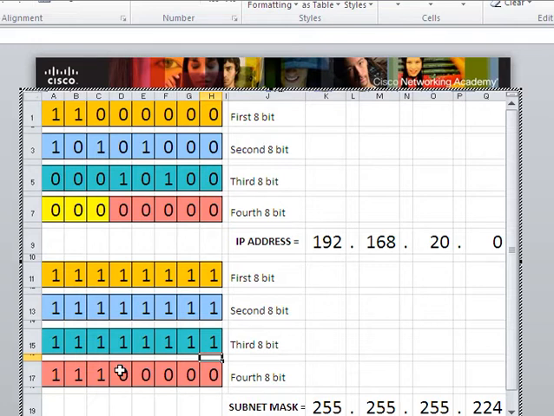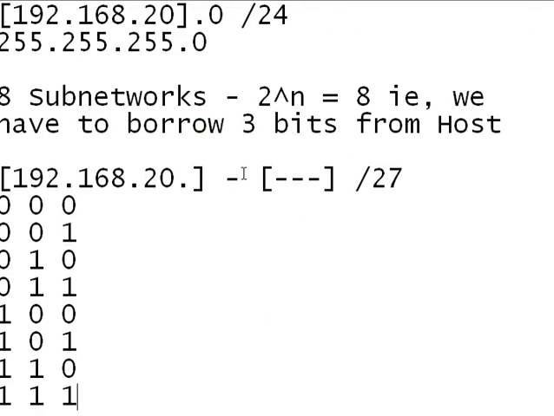Now I am calculating the network address. The first network address will be 192.168.20.0. Now simple, if it is 001, what would it be?